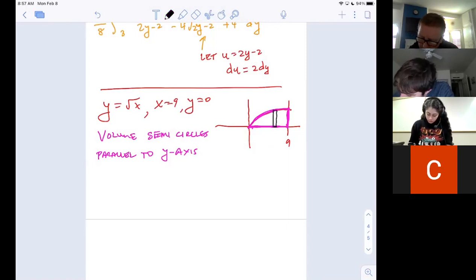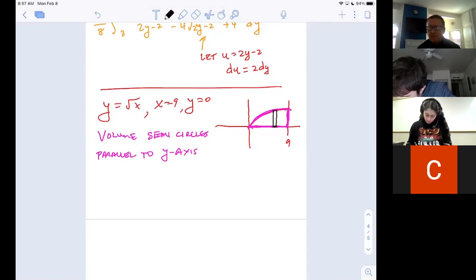So there's our slice. There's our slices. And they're coming toward us. They're coming up. Just set up the integral. See if you can set the integral up. And again, I want to give you time to do it wrong before we talk about it.